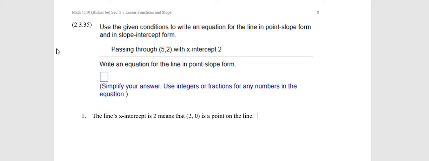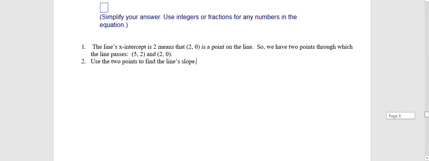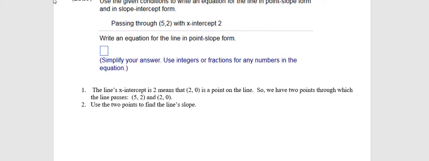Whenever I'm on the x-intercept, the y-coordinate is 0. So we now have 2 points through which the line passes. It passes through the point 5, 2, which was given. And now we also know, because we understand what the x-intercept means, that it passes through the point 2, 0 also. So the second thing we're going to do is use these 2 points to find the line slope.